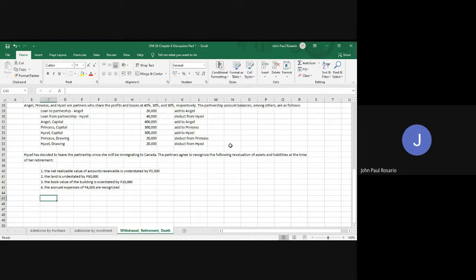Let's assume that these are the requirements: adjust the books of the partnership.